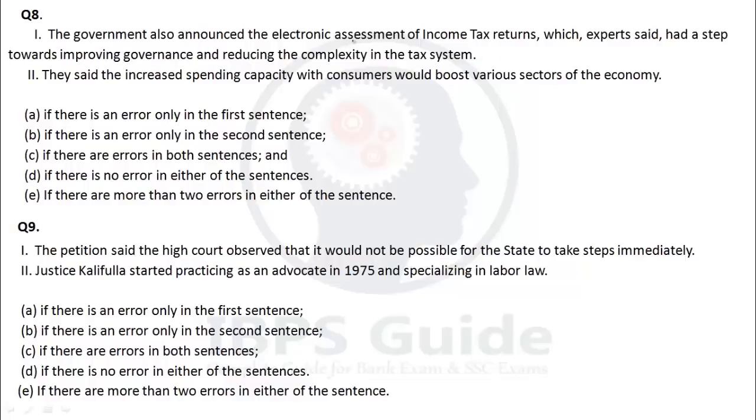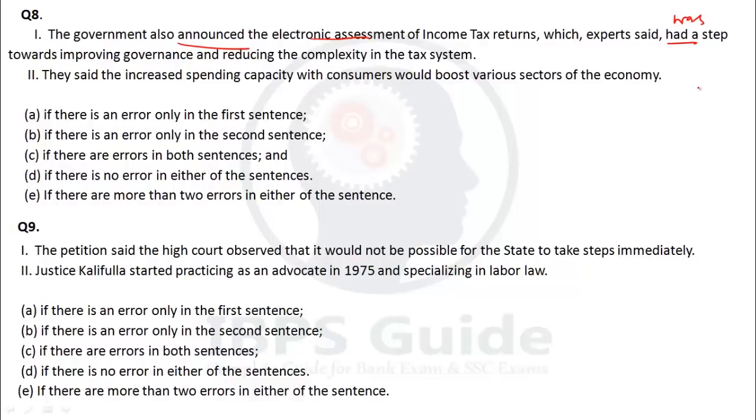Look, the government announced the electronic assessment of income tax returns, which experts said had a step towards improving governance. Look, it should not be had a step, it should be was, because it was one step towards improving governance and reducing complexity in the tax system. So had is not the correct option here.